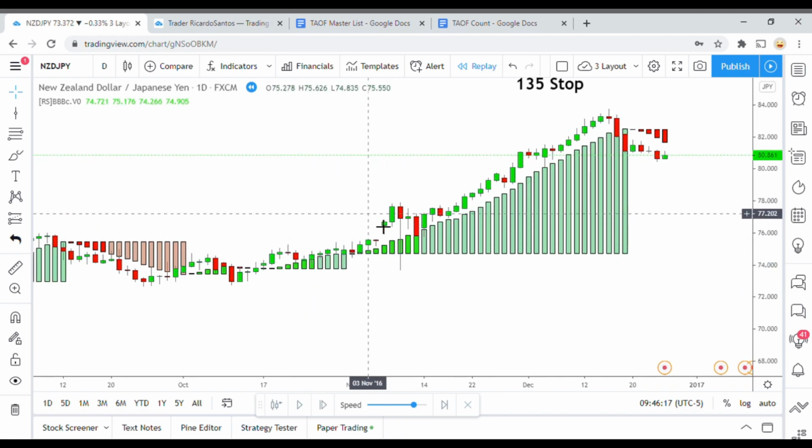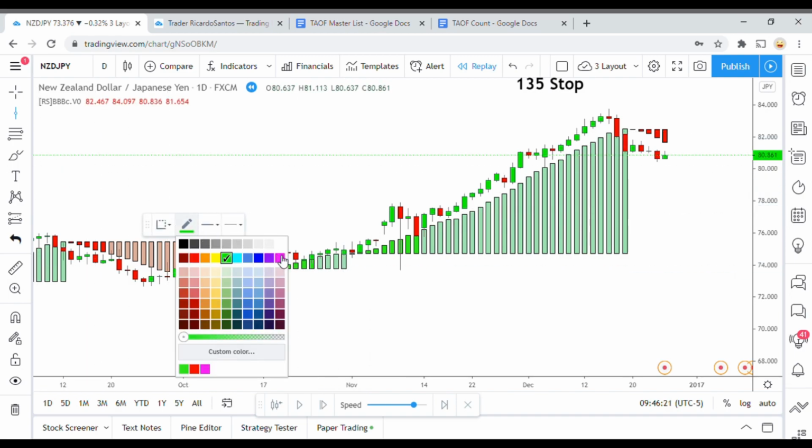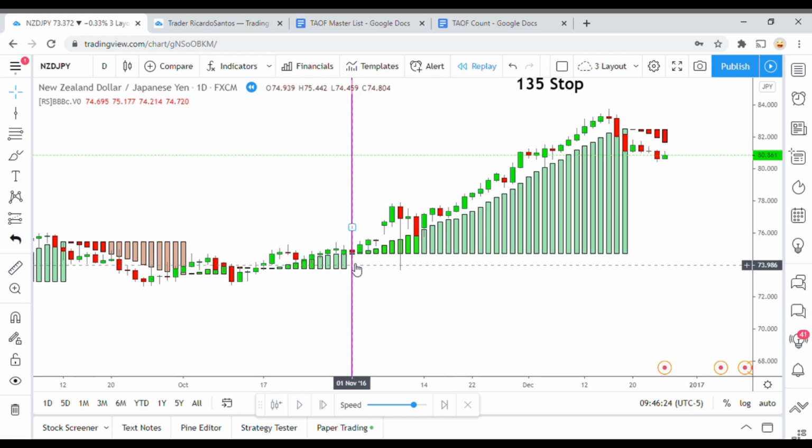And so if you look right here at this candle, this one here, the bar turns red. And so in that instance, the Bollinger Band bar is not actually above the price action.